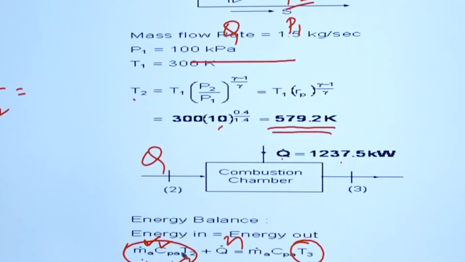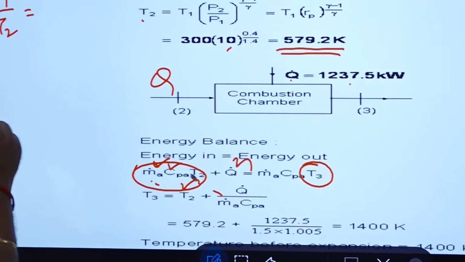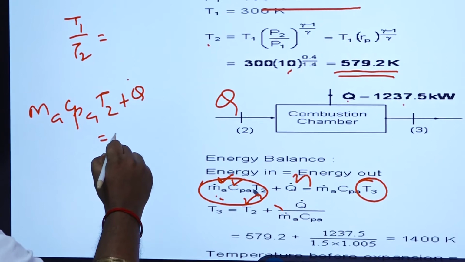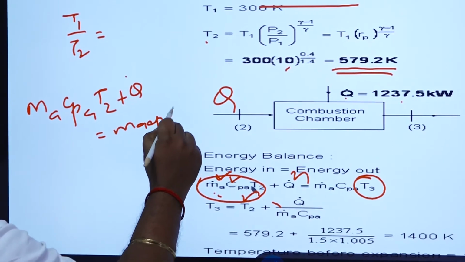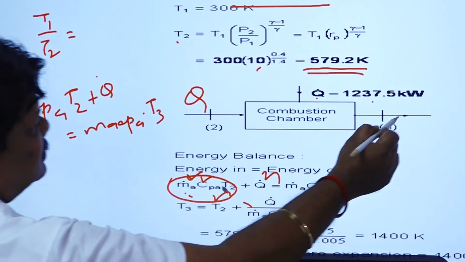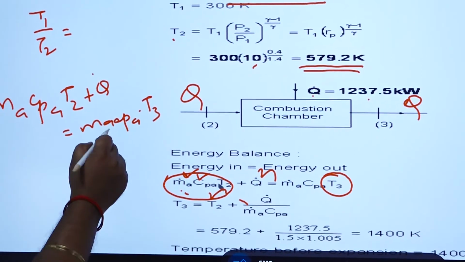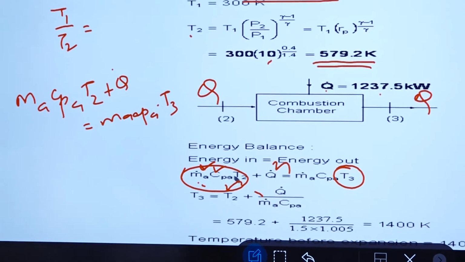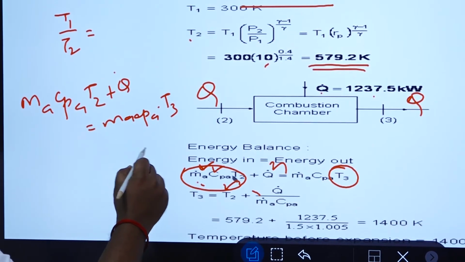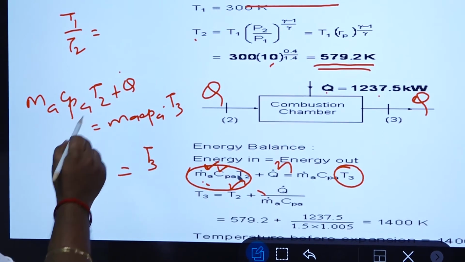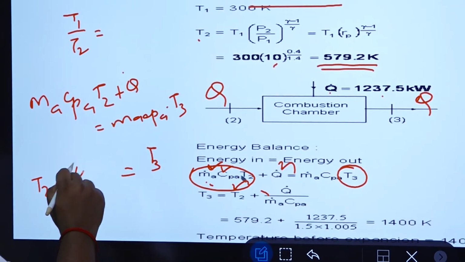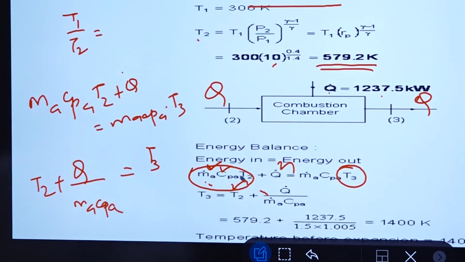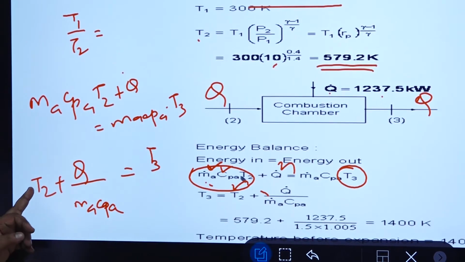If you look at this equation, m_a Cp_a into T2 plus Q dot is equal to m_a Cp_a into T3, right? So divide the equation by m_a Cp_a. Then you will get the value of T3 on this side. So T3 equals T2 plus Q dot divided by m_a Cp_a.